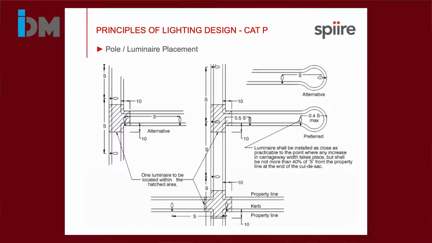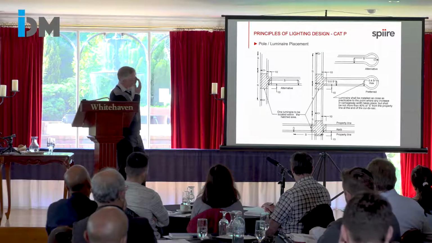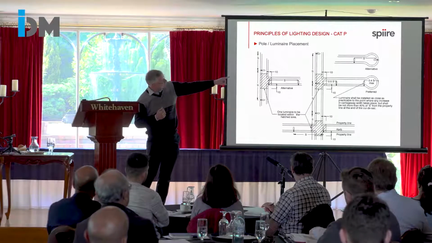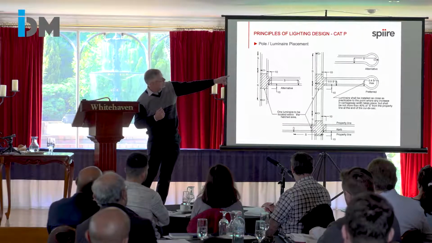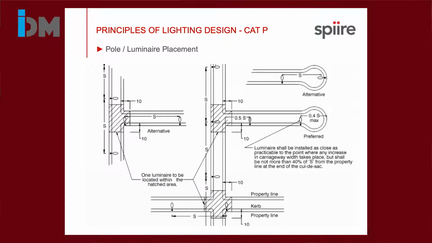The Australian standard, that top one on the far right there, is actually the preferred one in the Australian standard. What I did notice when I was looking at the Australian standard is that they want 0.75s as that spacing between the lantern in the court itself and then the one in the bowl.